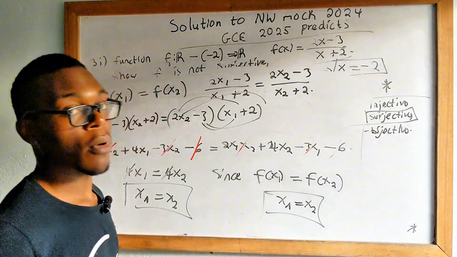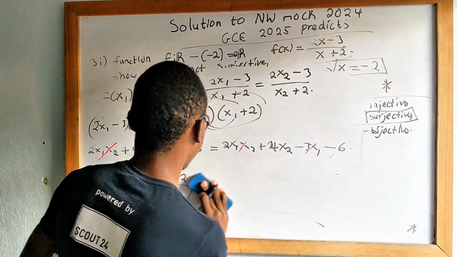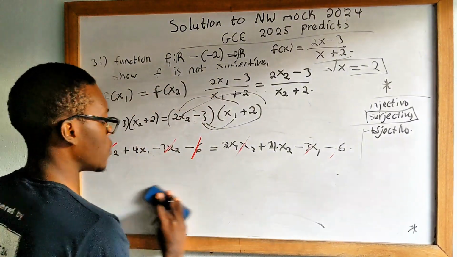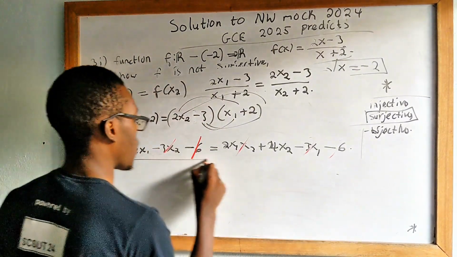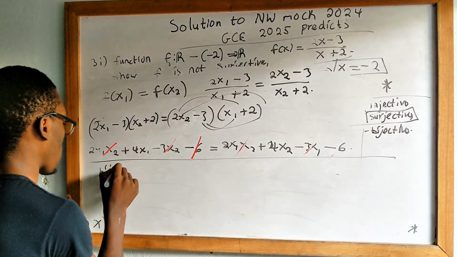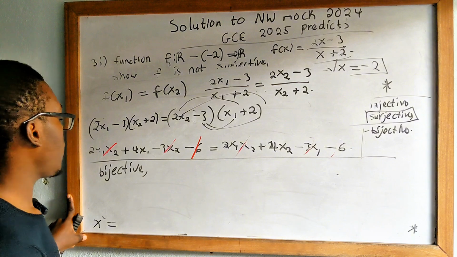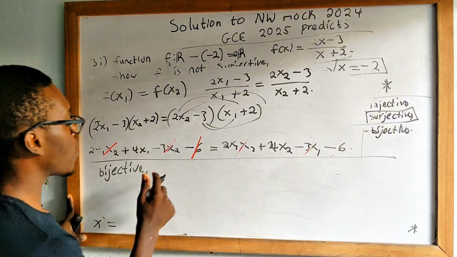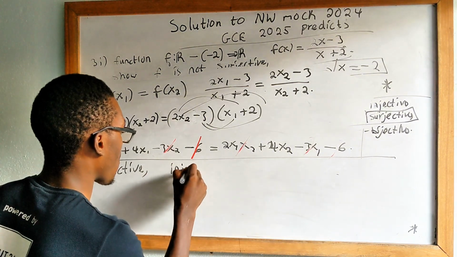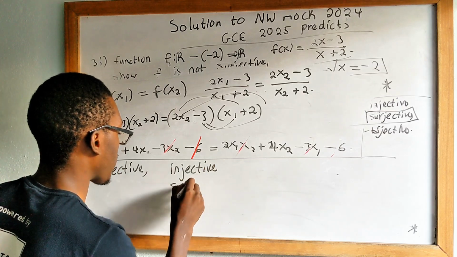Okay, let's then talk about bijection. When we talk about bijection, let's take this here. When a function is bijective, you have nothing to solve here. You just have to state that for a function to be bijective, it must be both injective and surjective.